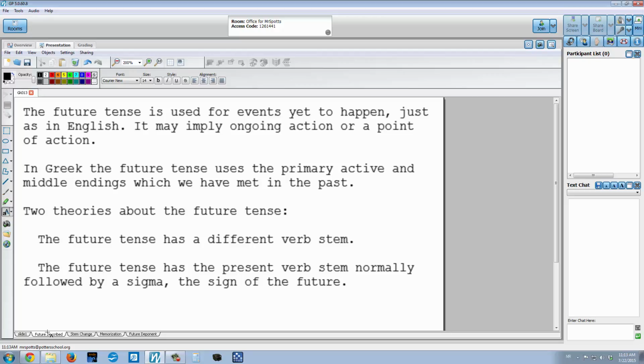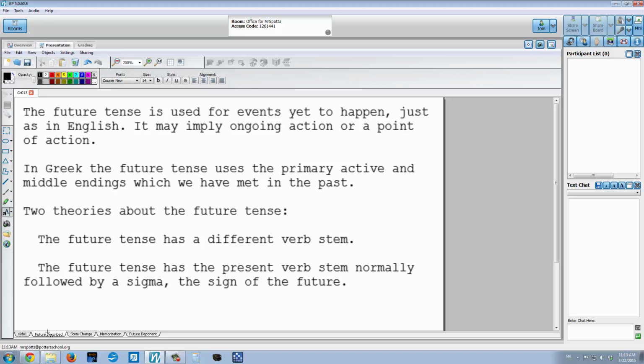And then we can say our primary, middle, or passive endings to ourselves. And I hope we said omai, e, etai, ometha, esthe, ontai. So we'll use the primary, active, and middle endings.